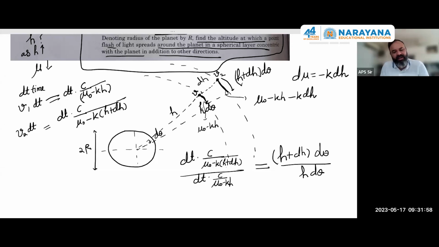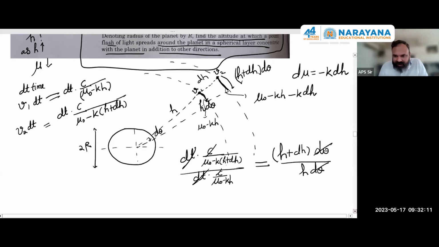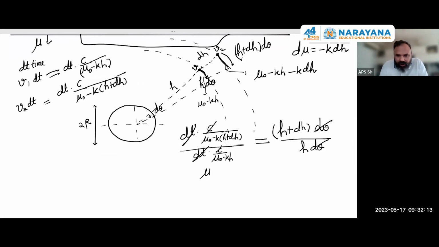I could have directly equated with the optical path length. The only reason I'm writing this is just to explain a bit more. For an objective question, I can directly go with c dt and c d theta. This gives me mu naught minus kh upon mu naught minus kh minus kdh. That comes out as h plus dh upon h.